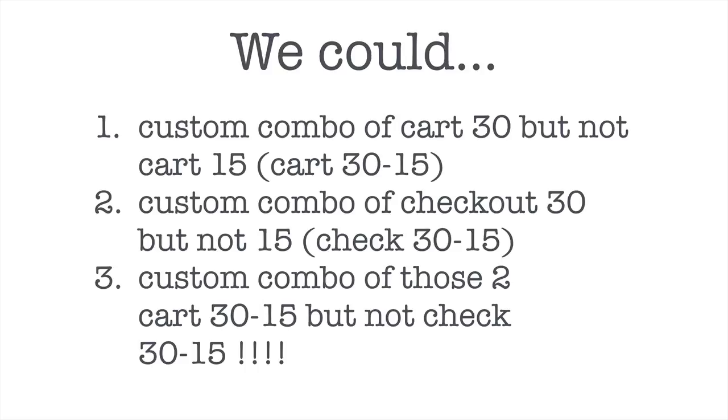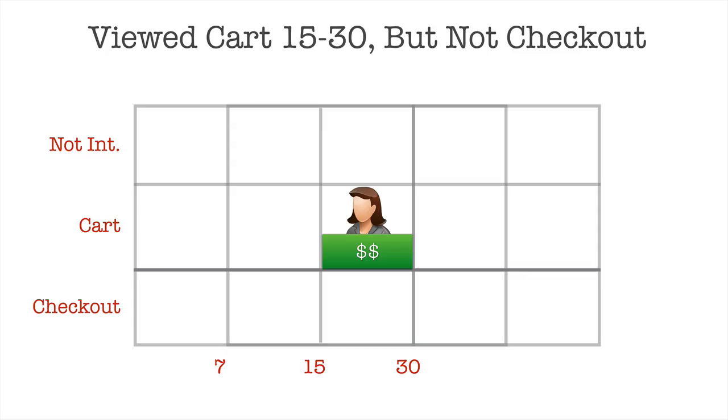So to identify people just within that time frame that we're after, 15 to 30, we say custom combo of checkout 30, but not checkout 15. Cool. Then, in order to take that top box, but not the lower box on our previous diagram, what we've done is create the first custom combo to only take that third box on the second row, the bit where the graphic is.